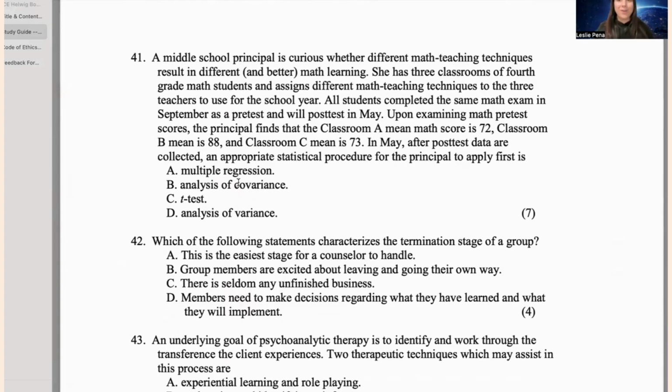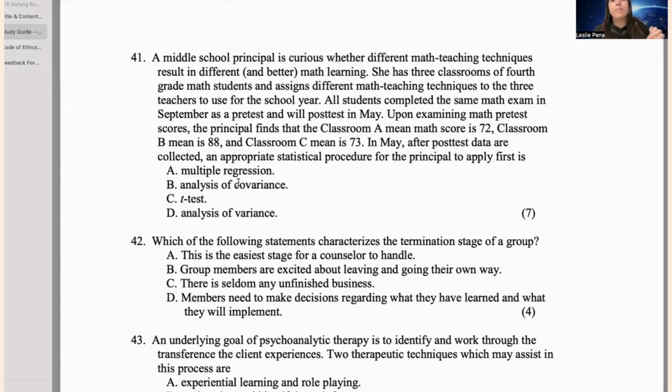Next we have 41. A middle school principal is curious whether different math teaching techniques result in different and better math learning. She had 3 classrooms of fourth grade math teachers assign different math teaching techniques to 3 teachers to use for the school year. All students completed the same math exam in September as a pretest and will take one again in May as a post-test.